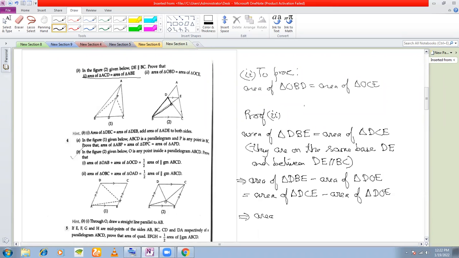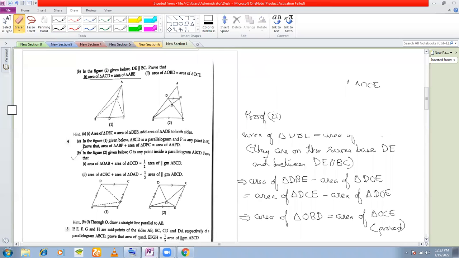So area of triangle OBD, this OBD triangle I'm getting is equal to area of triangle OCE, and that is proved. Any question? No? Okay, fine. So we proceed to the next question then.